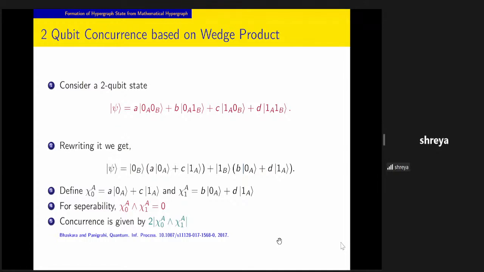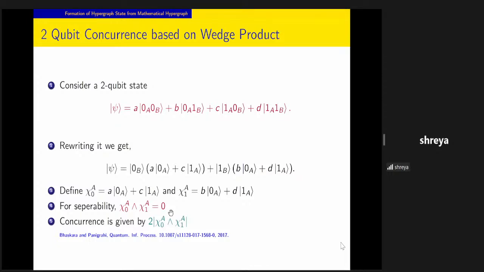Suppose here we take a 2-qubit system. After that, we will define two vectors, chi0A and chi1A. If these two vectors are parallel, then they can be told to be separable. Like if they are parallel, they will not form any area. Then the states are separable.